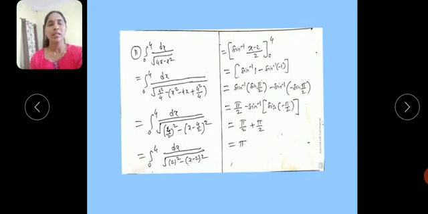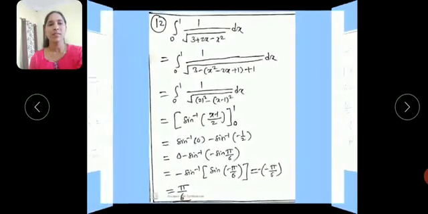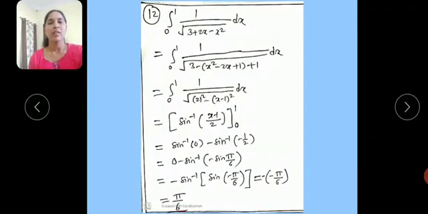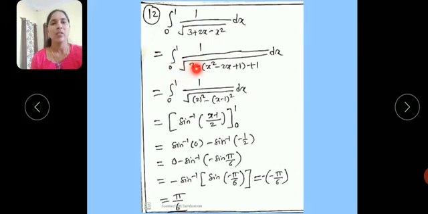Now see the next example. Here integration of 0 to 1 divided by square root of 3 plus 2x minus x square dx. This is equal to integration of 0 to 1.